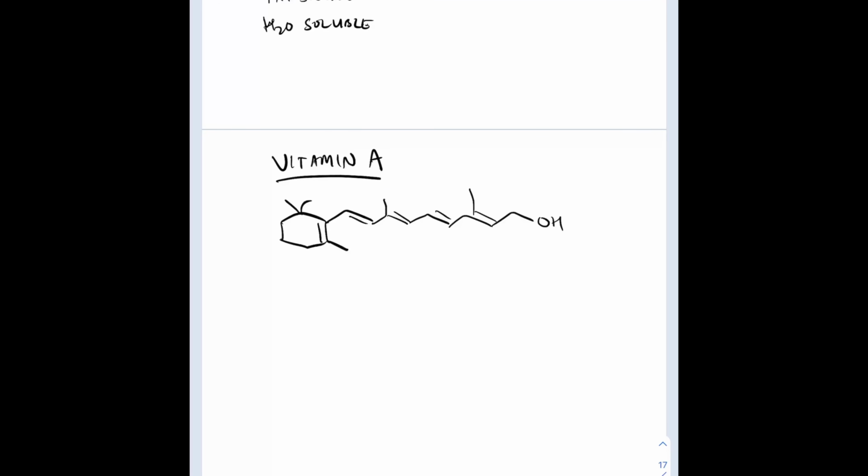Seven years later, I got my vitamin A down, and so what you can see is, hey, it does have a polar functionality, but it's also got a much larger portion that is non-polar, and so that's why vitamin A is fat soluble and not water soluble. Okay, because it is non-polar.